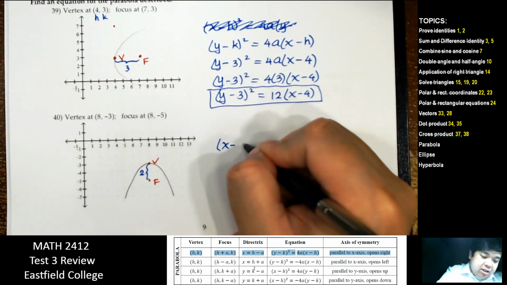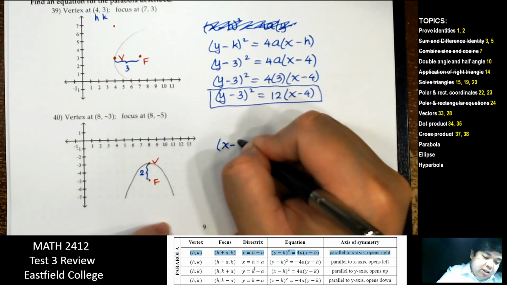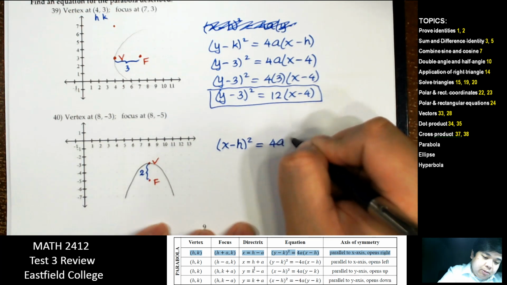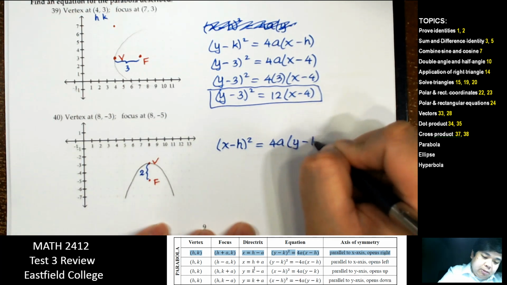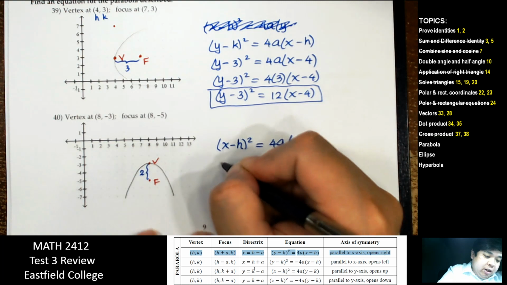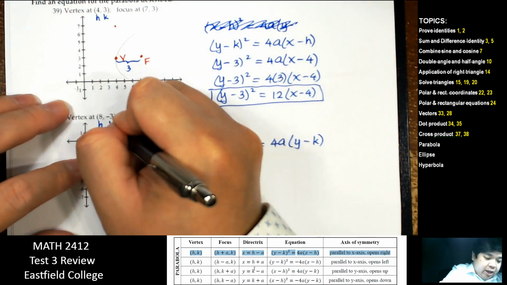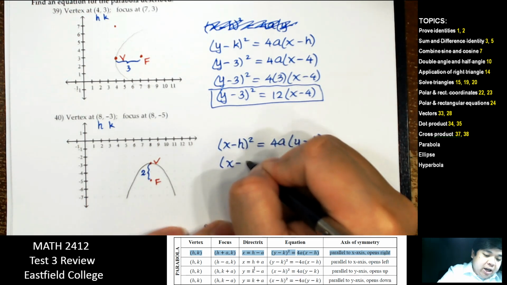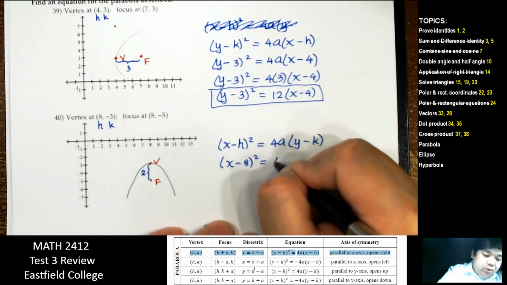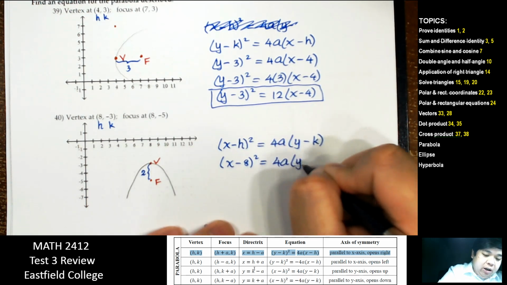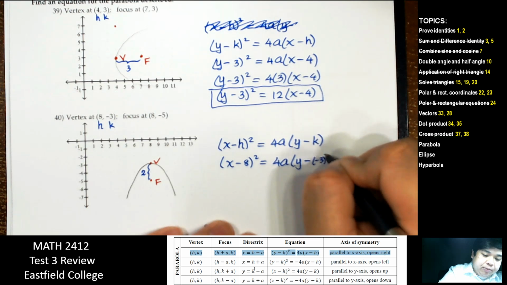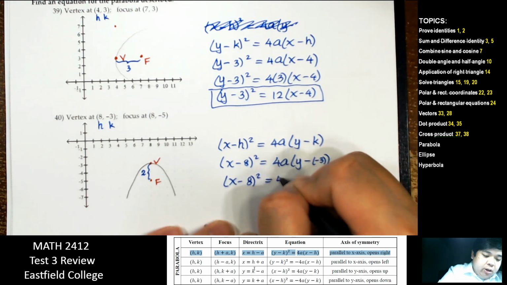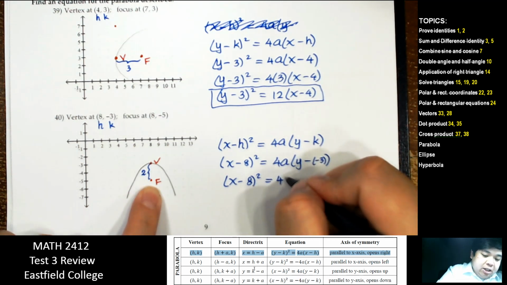We start with x. In this case, h and k, we have x minus h squared equal to 4a y minus negative 3. 4a is 2. Right.